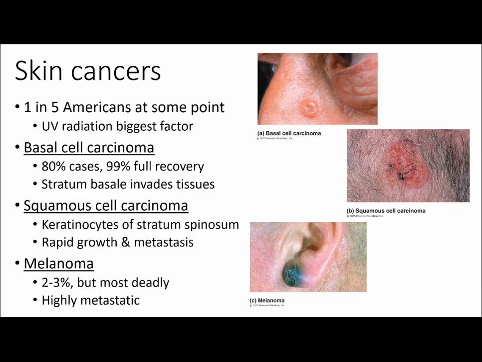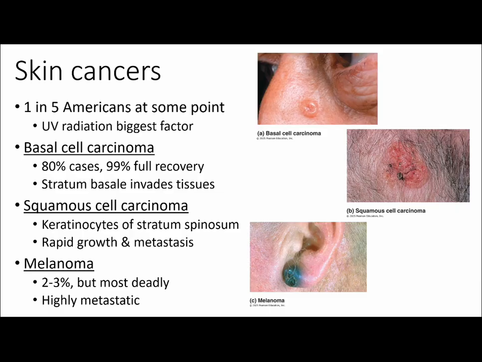We get a squamous cell carcinoma when the keratinocytes of the stratum spinosum start to rapidly divide and reproduce uncontrollably. It can experience rapid growth and metastasis, but you have good chances of a complete cure if you undergo surgery or have radiation treatment.